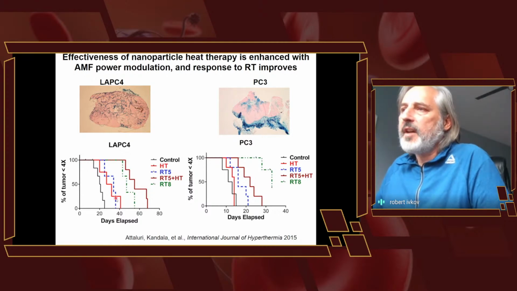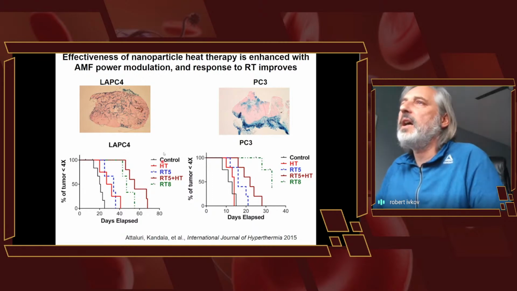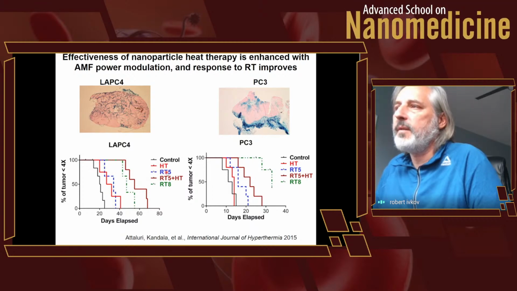The red line is the hyperthermia. All of these are a single treatment, a single fraction of heating. And here we are doing the 43 degrees C heating. And then here we compare with 5 gray of radiation, single fraction, single agent.